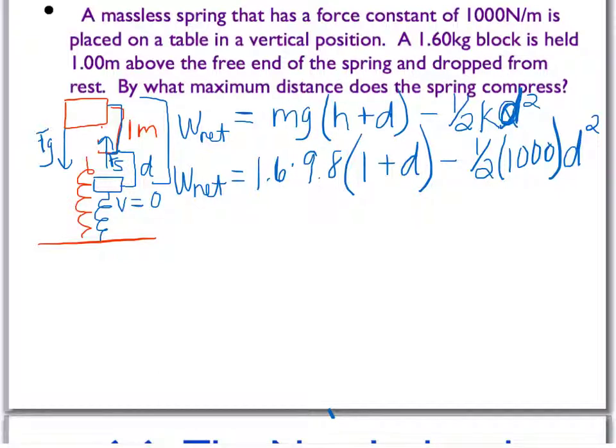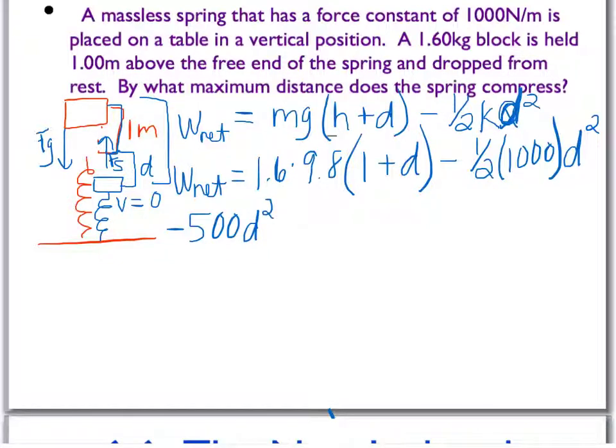As we begin to simplify this a bit, and I'll give you a second if you'd like to pause the video and try to simplify this just a bit, we're going to find that we end up with a quadratic equation. I would like to put the terms in order from the variable being squared. So 1/2 the 1,000 is a negative 500, and the d is being squared there.